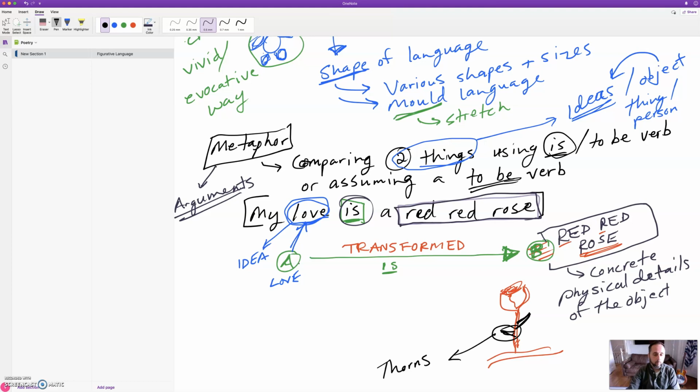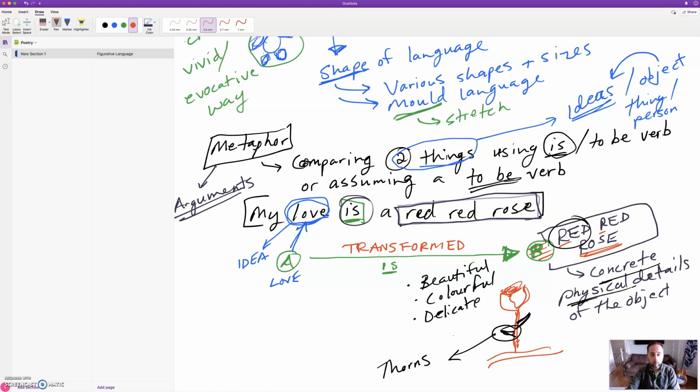So if you think about, what is a rose? What can we say about a rose, right? A rose is beautiful, colorful, it's delicate. We have this color red is very important.